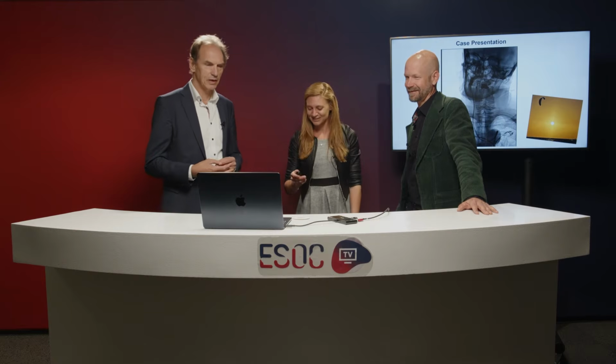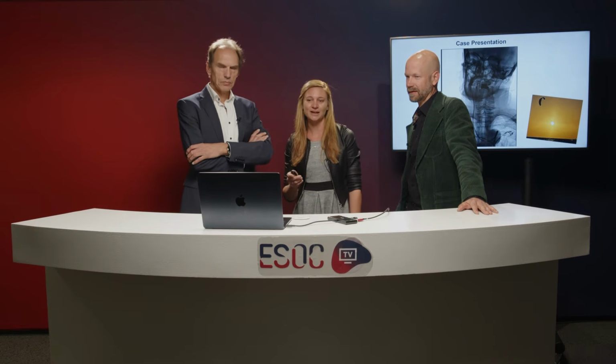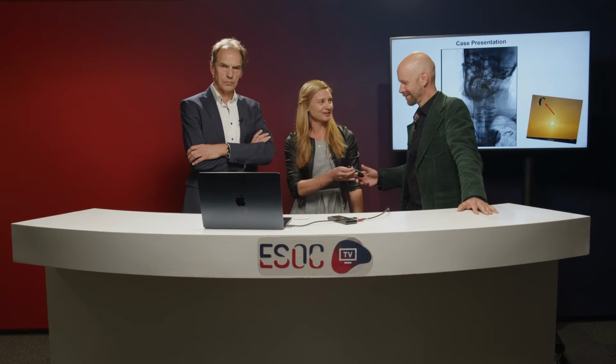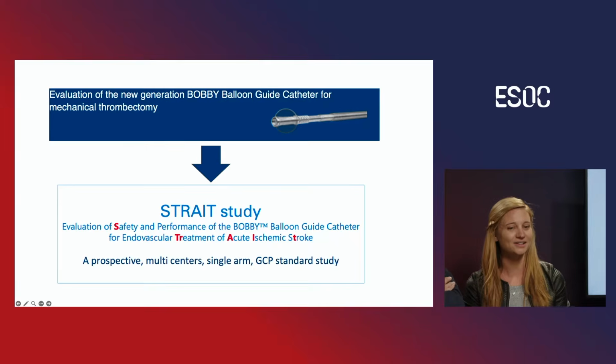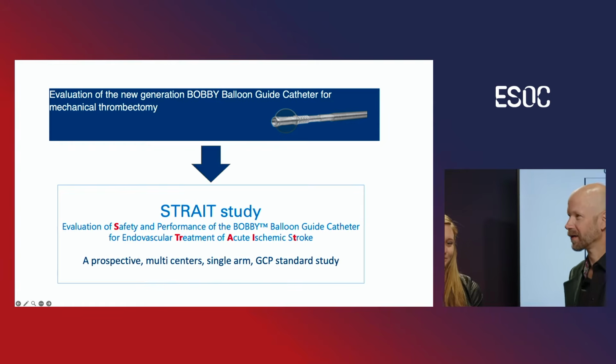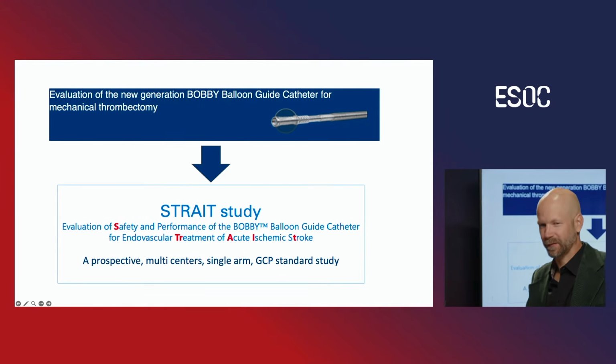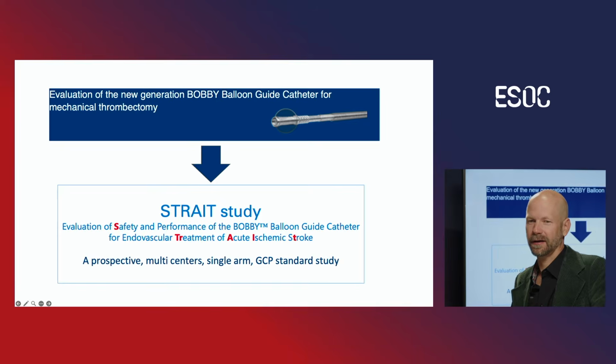Okay, great. Nice. Before we go further on this case, let's go back to the evidence we have for the new generation balloon guiding catheter. Just very briefly, talking about the STRAIT study, which I mentioned before, which is this prospective evaluation of the Bobby.